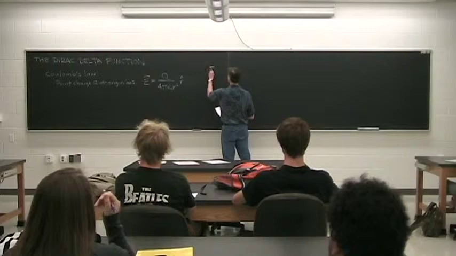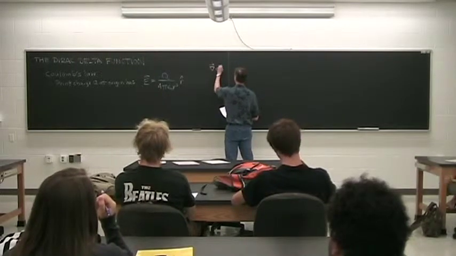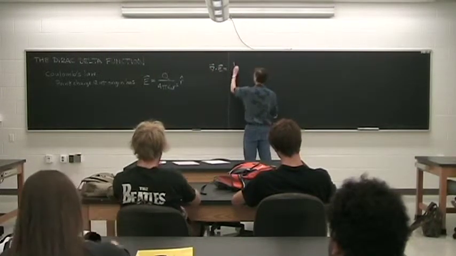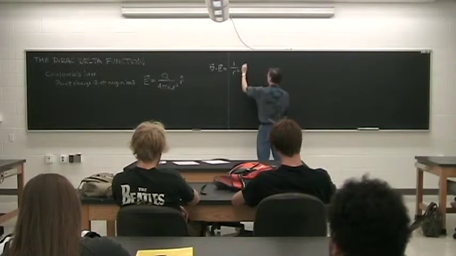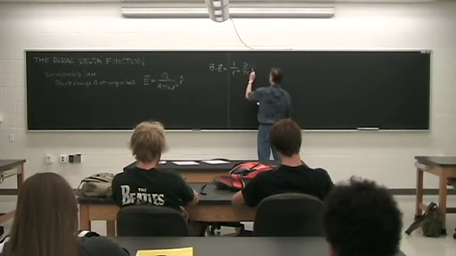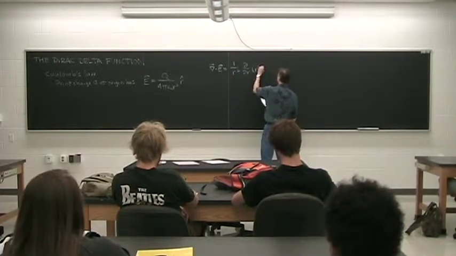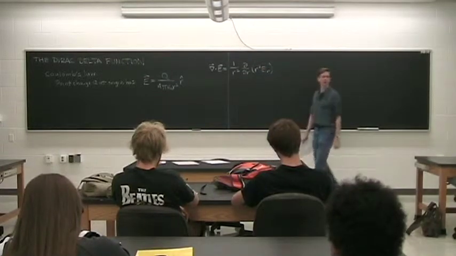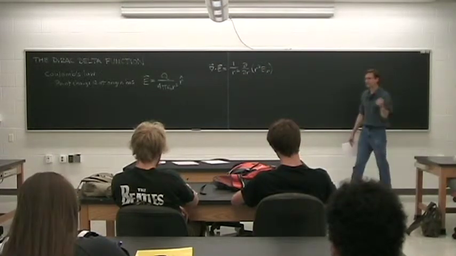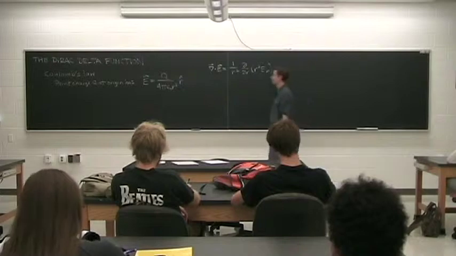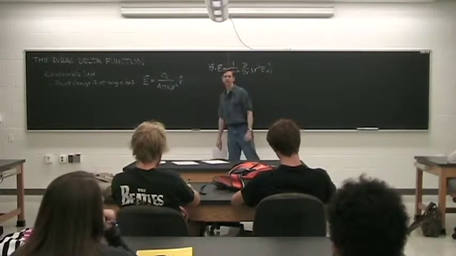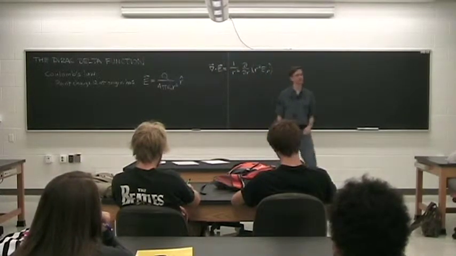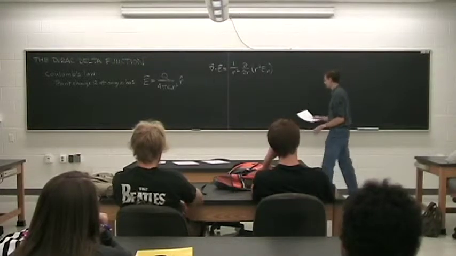The divergence of E will just be 1 over r squared times the partial with respect to r of r squared times the radial component of the electric field. There only is a radial component in this case. There's no theta and phi components because it's sticking radially outwards away from the origin.